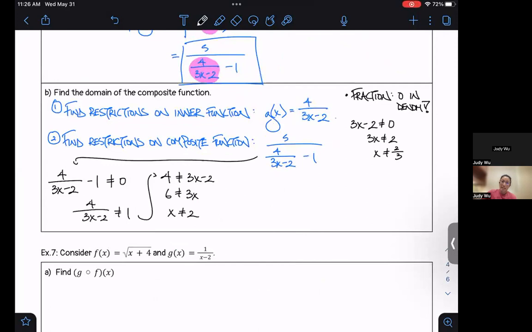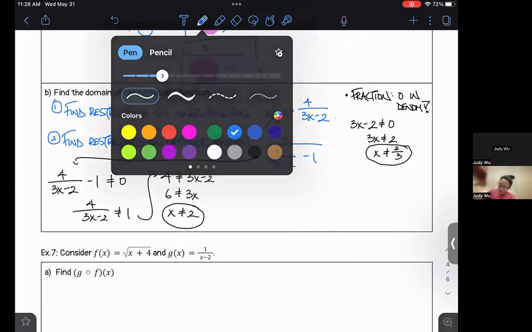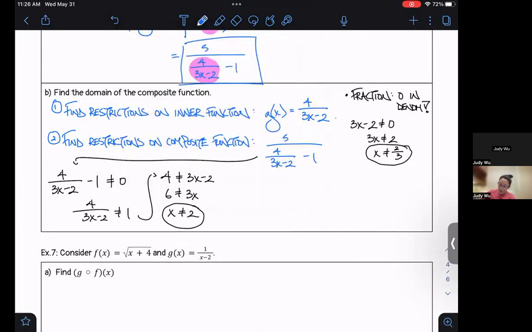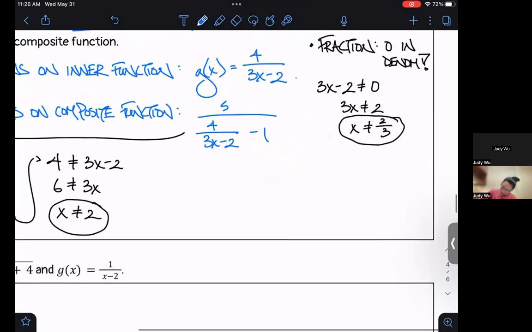All right. So first we check the restrictions on the inner function. We can't have x equal to 2/3. Then we check the restrictions on the composite function. x can't equal 2. So that means we want to write the domain as everything except for those two numbers. So here's how we write it.